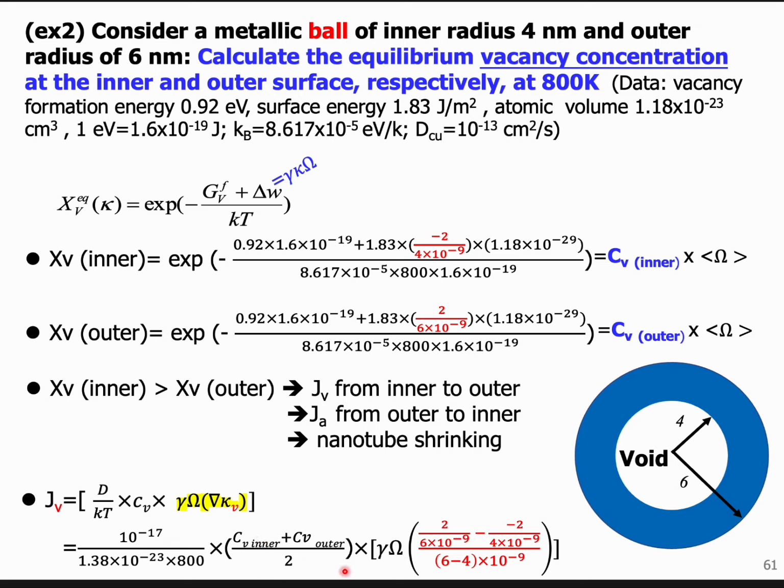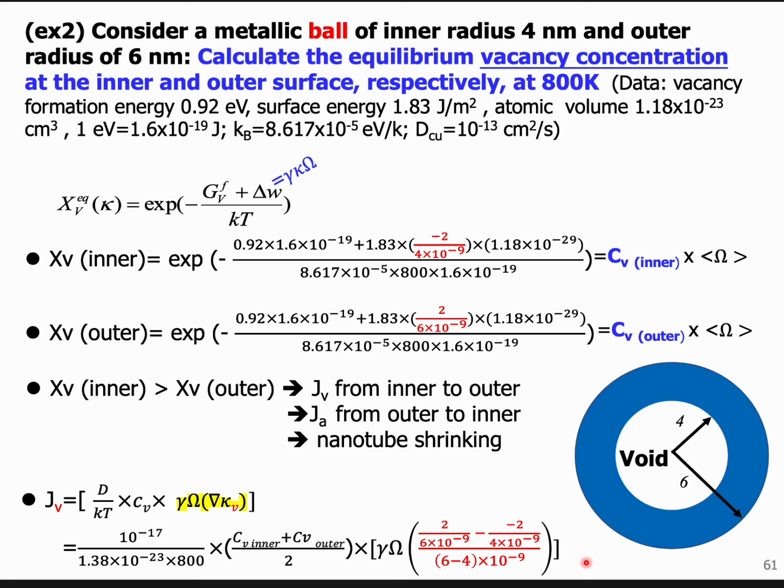The gradient is the kappa gradient, so the vacancy flux flows this way. Use the positive kappa minus the negative kappa, divided by the length of this region, so it's 6 minus 4. So this is the vacancy flux.